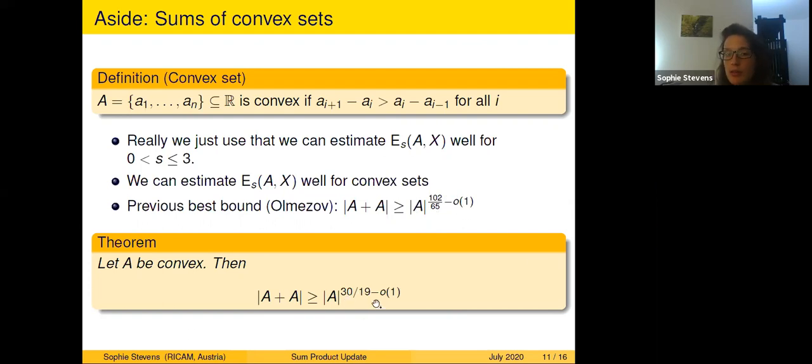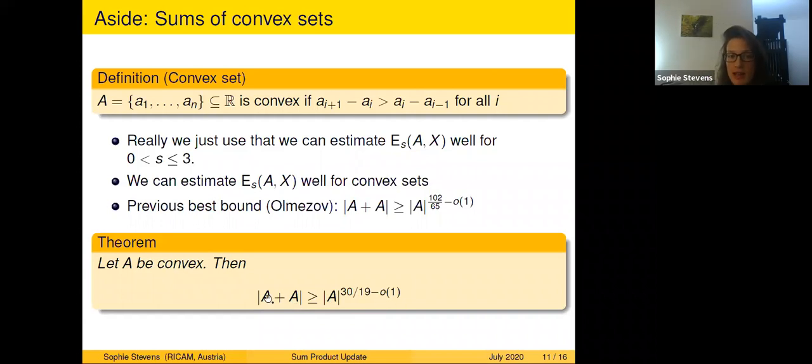So we'd expect to get a 2 here, whereas here we're doing 30 over 19, which is better than what we've got for sum product, but again still quite far from 2. And it's interesting to know, well, at least interesting to me, that if we were to replace our quest for the number of sums of convex sets with the number of differences of convex sets, then we improve it here to 8 over 5, which would be noteworthy if that weren't already known.